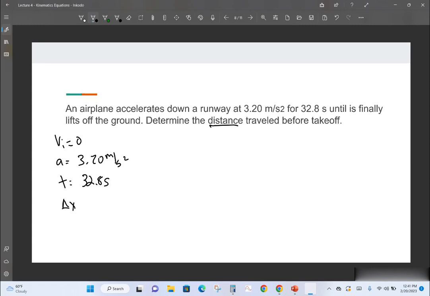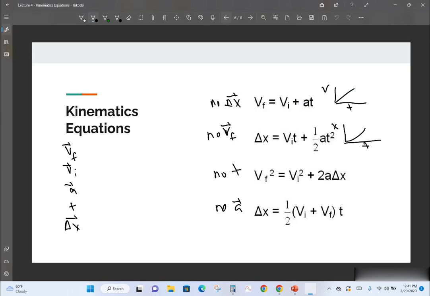So we need a formula with delta x, vi, a, and t. If we go back to our formulas, what we need is delta x, a, and vf. Oh, we're looking for that. We know time. We know vi. And we know a.